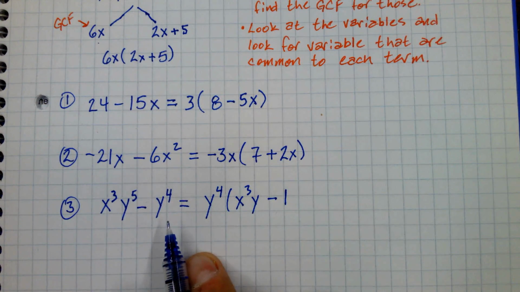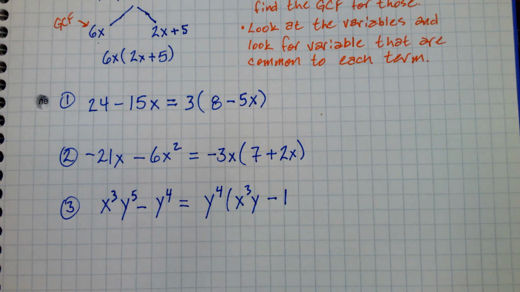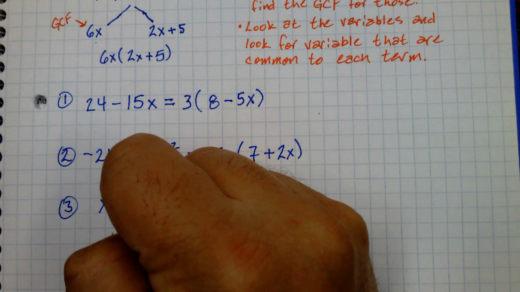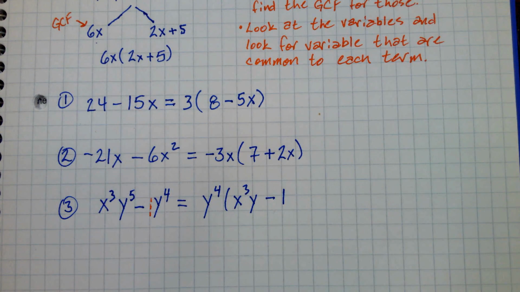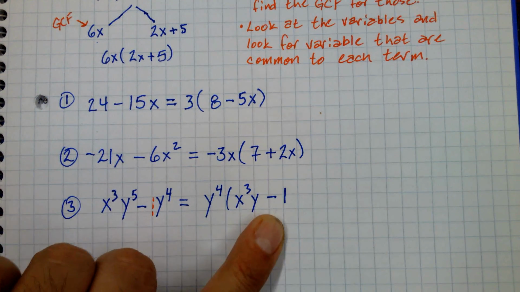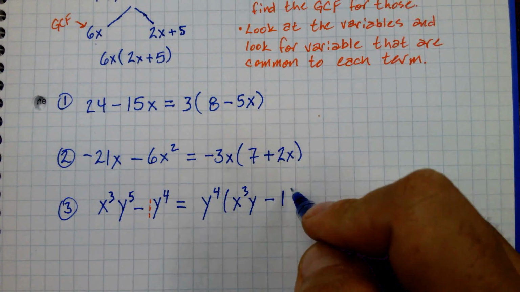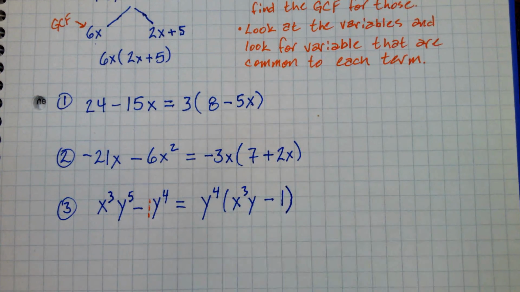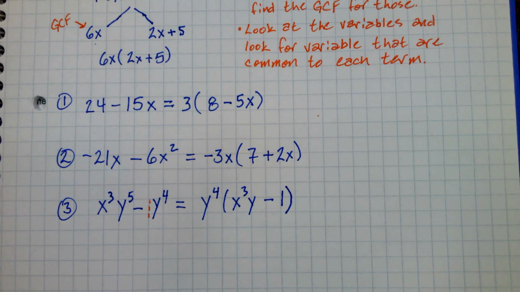I took out all the y to the 4ths. But remember, here's where that 1 comes in handy. That 1 coefficient that's invisibly there, it's still there here. So I have to multiply y to the 4th times that 1 to get that y to the 4th back. Okay? Any questions? Okay.